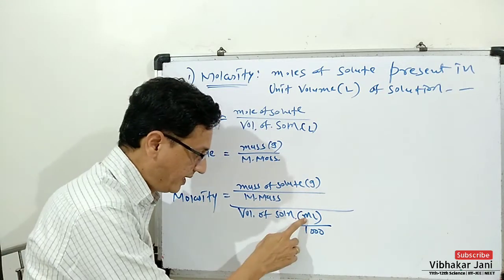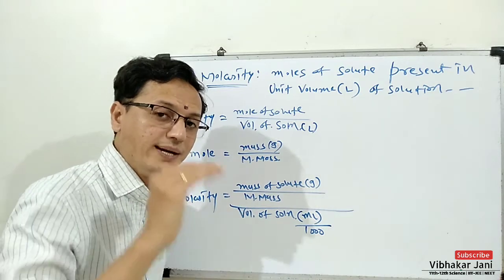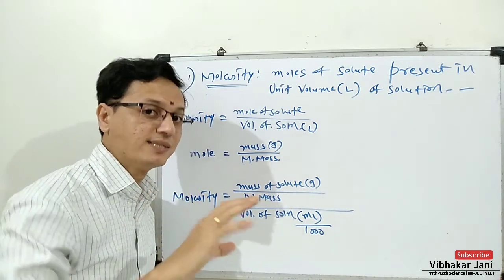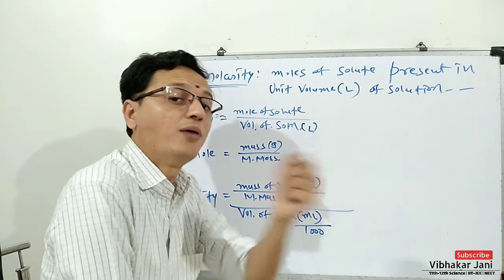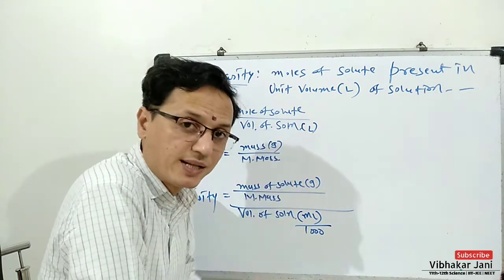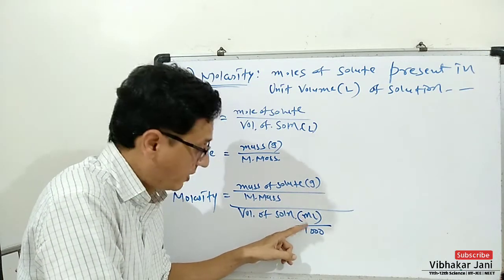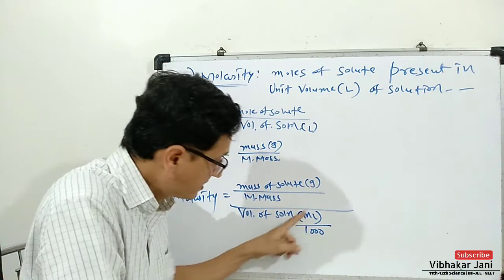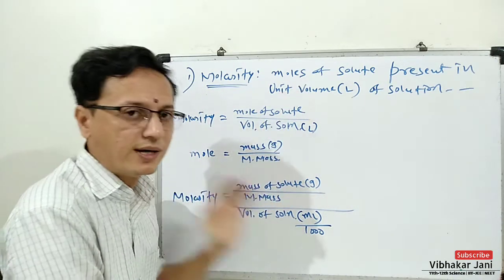If you divide milliliter by 1000, then it will be equal to liter. So 1 milliliter is equal to how many liter? 1 divided by 1000. So here, though I have written milliliter, but I have divided it by 1000, that means this is equal to liter. So it is according to our definition.